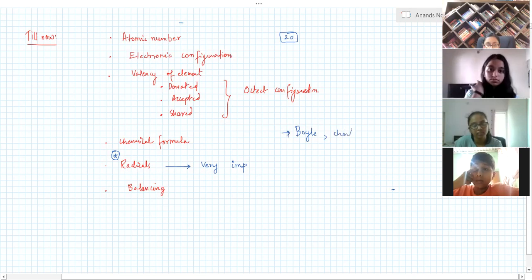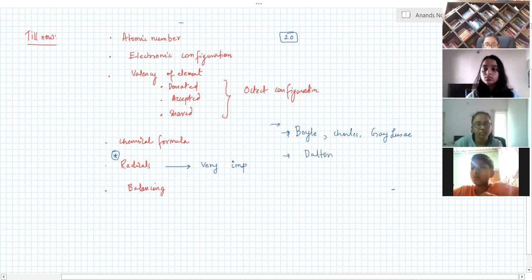Charles, Gay-Lussac, all these fellows were involved in what are called gas laws. Forget them. Even if you take Dalton, these guys also did not have the knowledge that all of us have now. For example, Dalton didn't know the formula for water is H2O, isn't it?